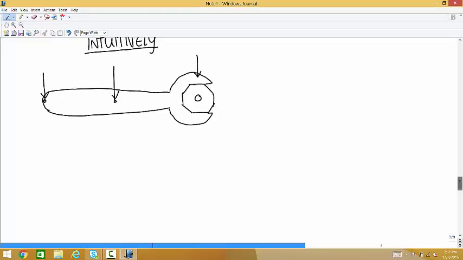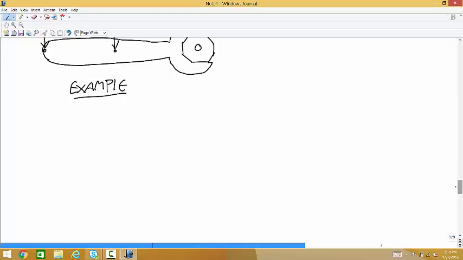So let's do an example. Let's say that there's a circular object, and let's put the axis over at the edge.